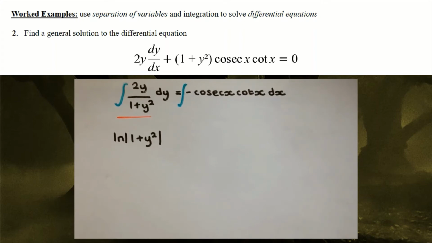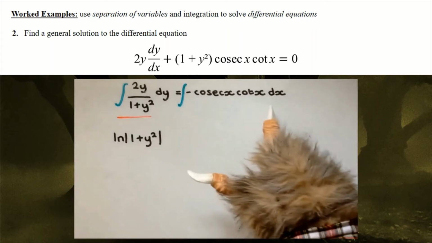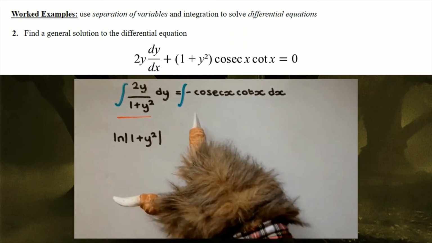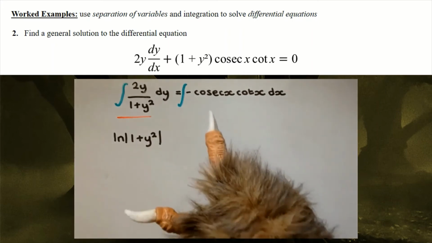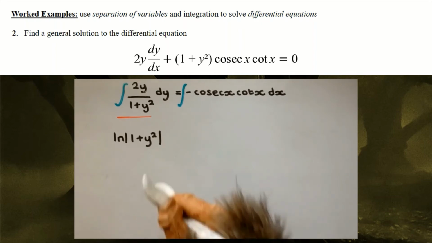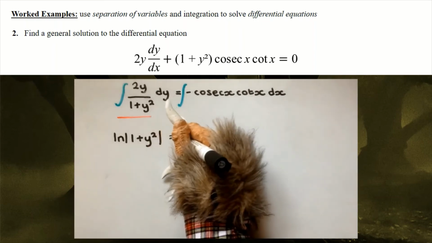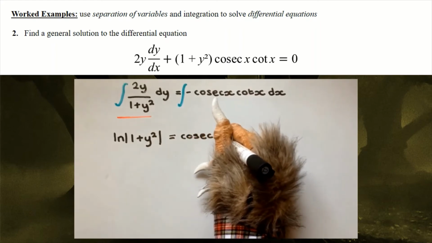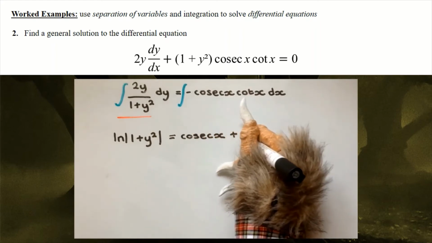The standard result, when we integrate this, is just cosec x, believe it or not. So again, we have no work to do. We can literally just write down the answer. So the right hand side, and just look it up if you don't believe me, it's just going to be cosec x and then plus c.